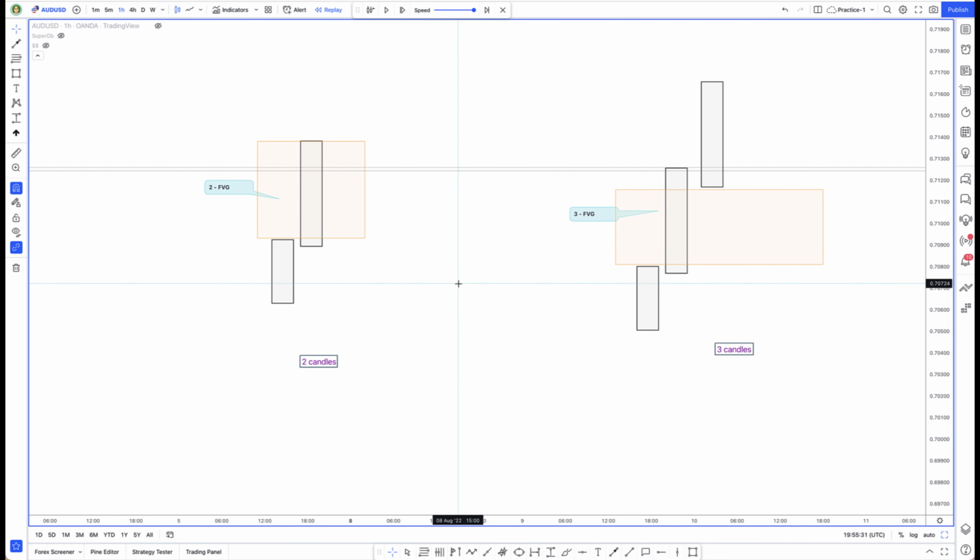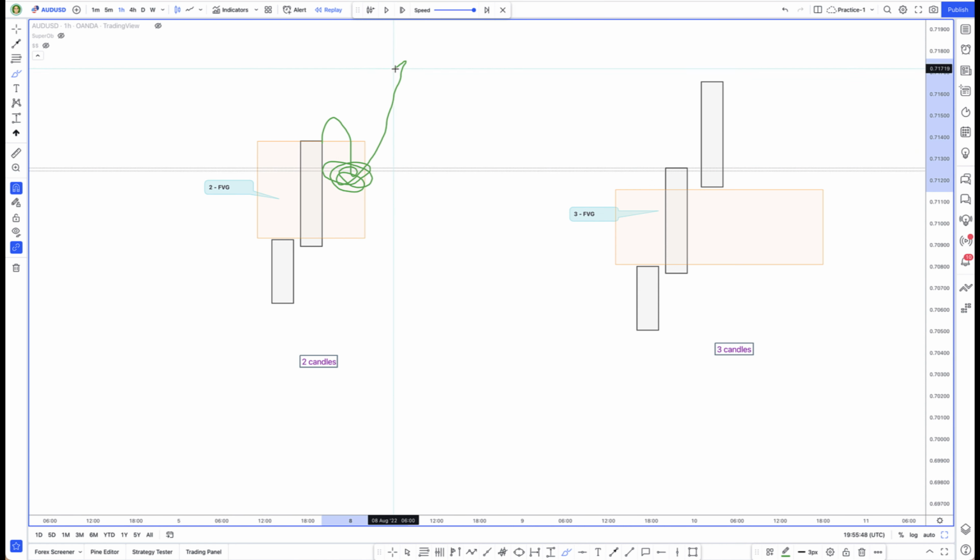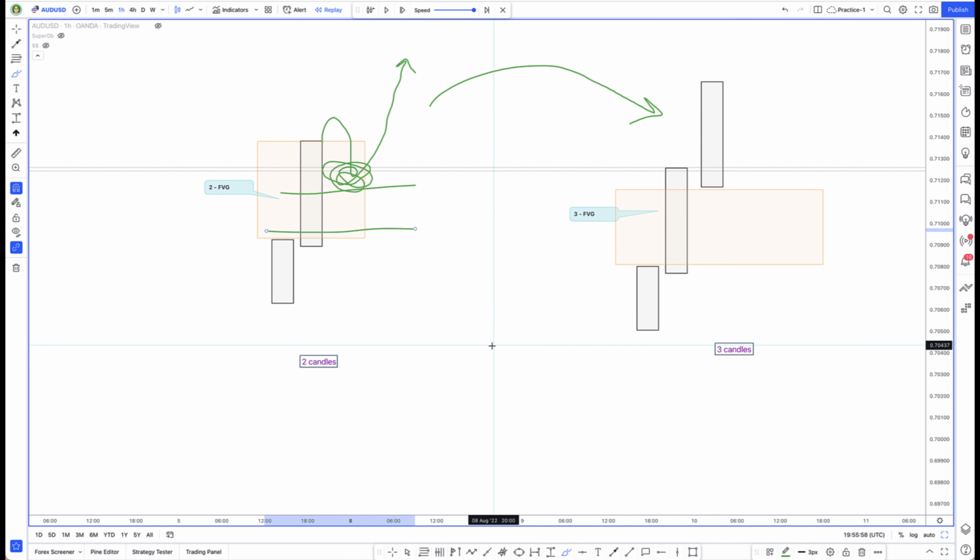So how would you trade a 2 candle fair value gap? When you see a 2 candle fair value gap, your anticipation is that price is going to come down, reject from somewhere here, and form a continuation trade over here, in effect revealing a 3 candle fair value gap in future.